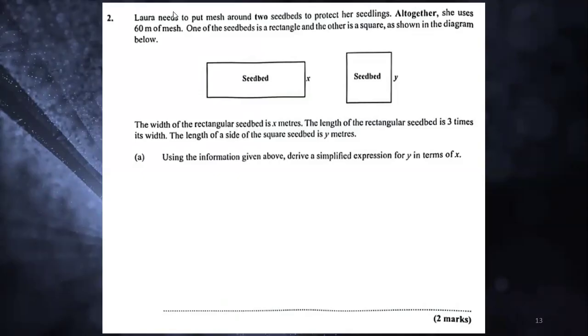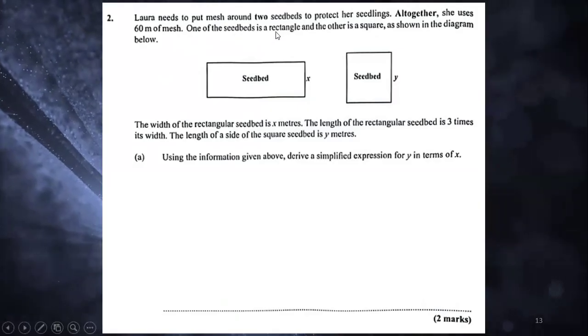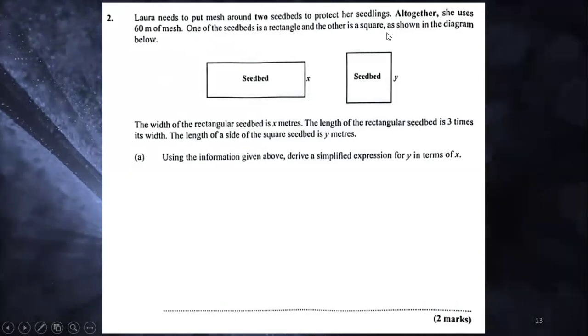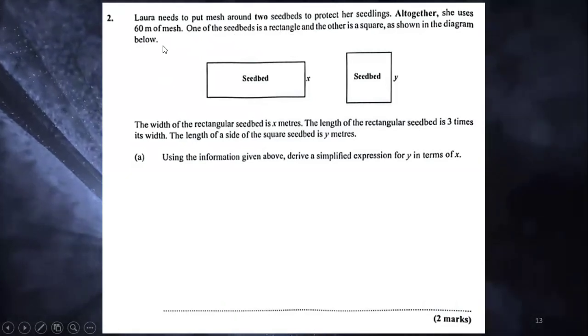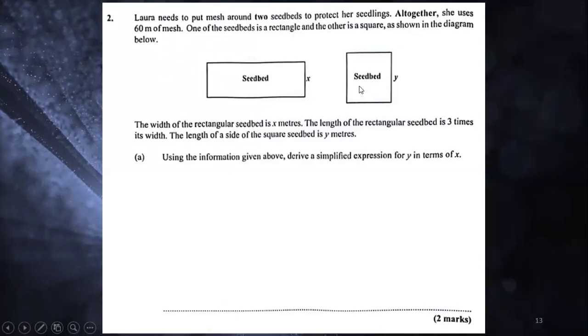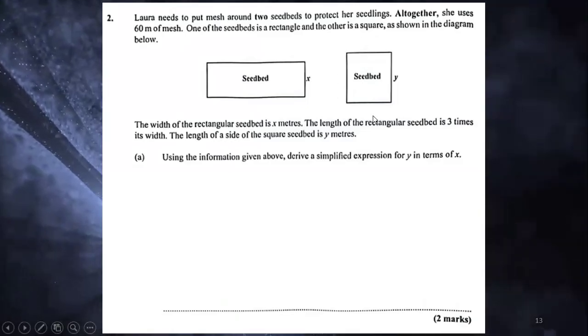Altogether, she uses 60 meters of mesh. One of the seedbeds is a rectangle rather, and the other is a square. As shown in the diagram below, seedbed here, this is the rectangular one clearly, and this is the square. It doesn't look necessarily square because of the copy, but this is a square seedbed.